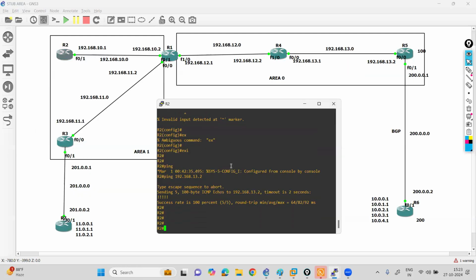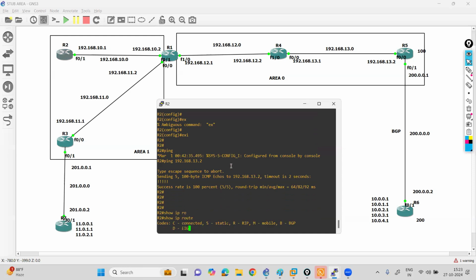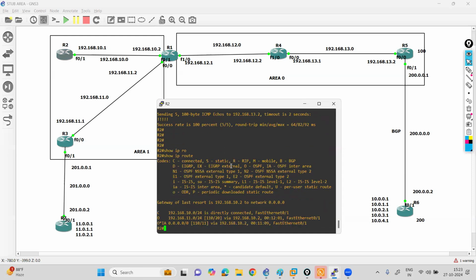Router number 2, show IP route. Okay. No information is available here from any external routes, right? Now, how to pass this information to others?